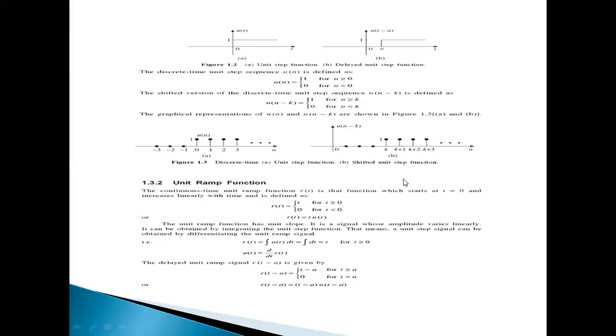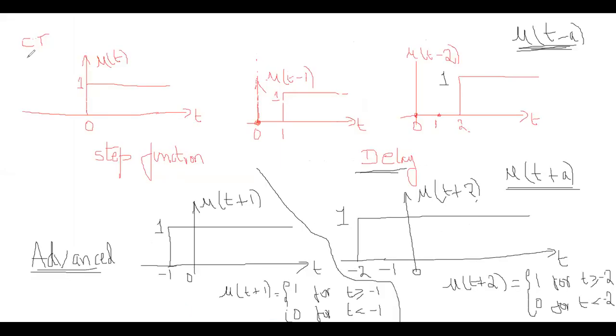Then coming to the next topic, unit ramp function. Before going to the unit ramp function, we can see this was for continuous time functions; how does the discrete time function look?